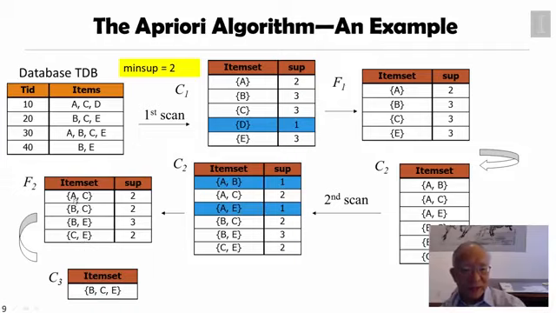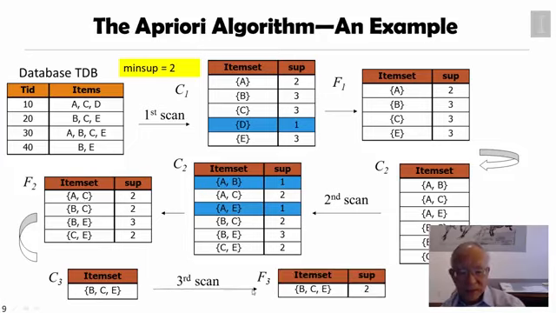Because you see A, C and B, C are frequent, so you may think A, B, C could be a candidate item set. But A, B is not frequent here, so A, B, C will not be derived. So we only derive B, C, E. With another scan, we find its support is 2, so it's frequent as well. Then we find all the frequent 1, 2, 3 item sets.